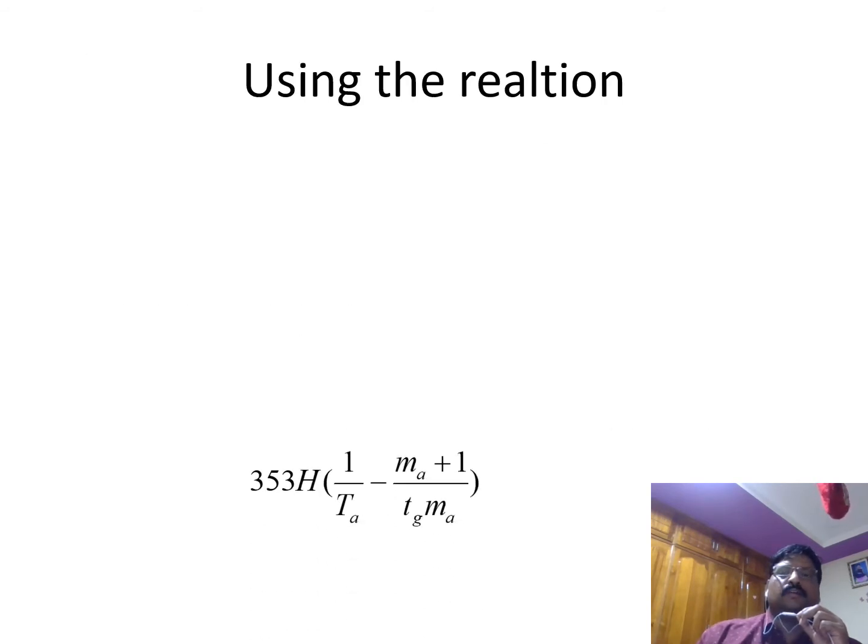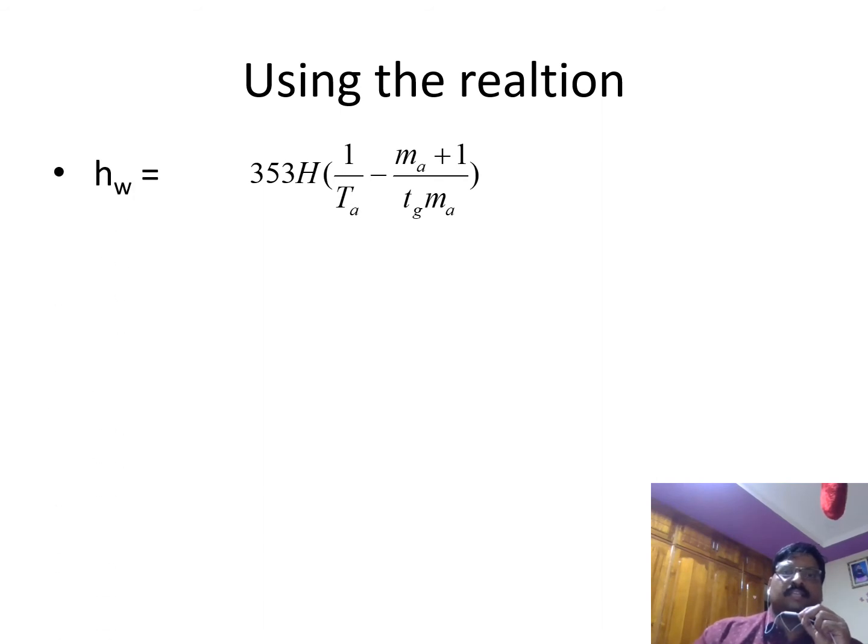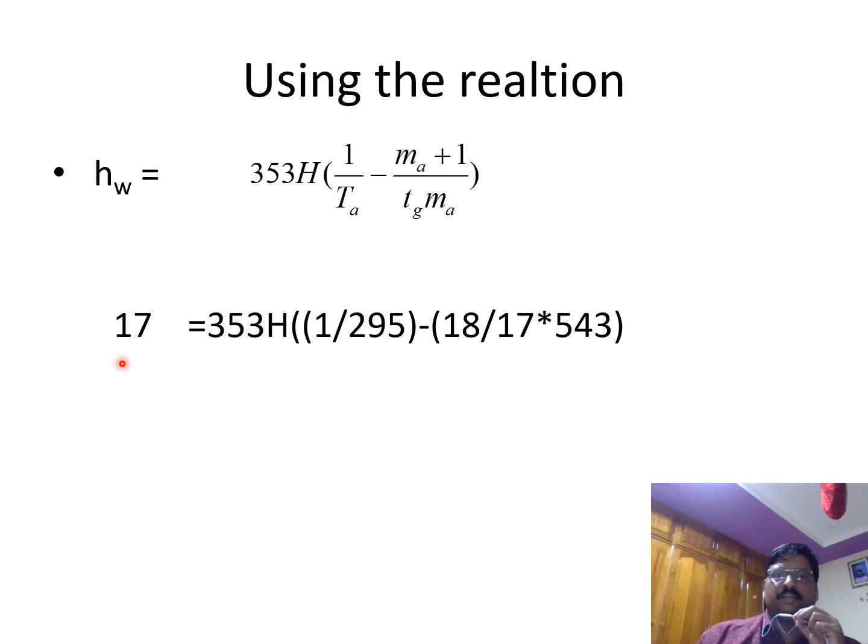Now using the relation HW is equal to 353 H into (1 by TA minus MA plus 1 by MA into TG), we can determine the value of height of the chimney, that is H. Substituting the values, HW is 17, TA value is 295 Kelvin and TG value is 543 Kelvin.